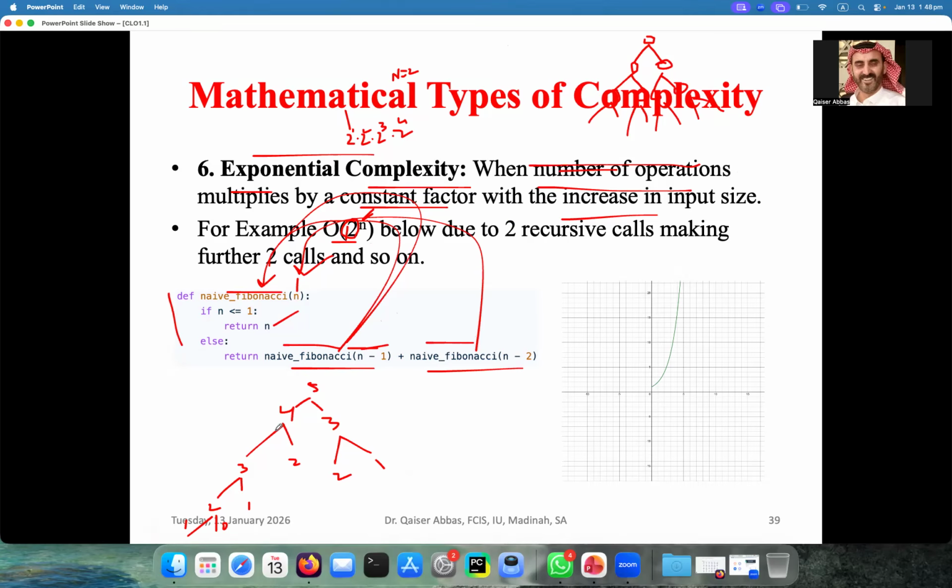Look at this behavior: 5, 4, 3, 2, 1. In each tree you will see 5, 3, 2, 1 on this side, and you will also see some mechanism n times on this side. So due to that, 2 raised to the power n.